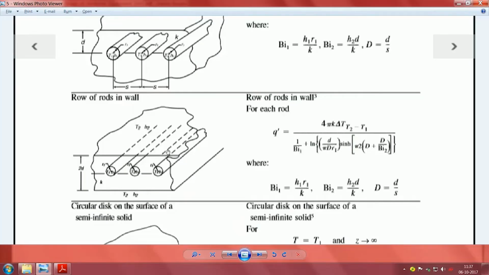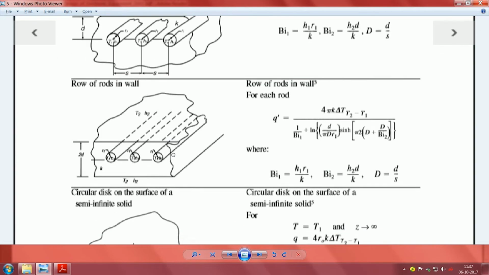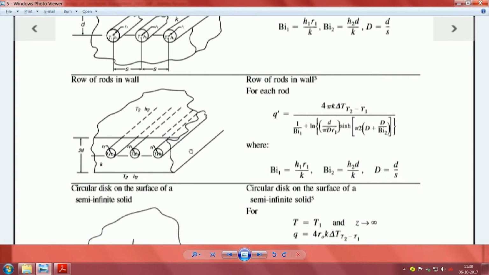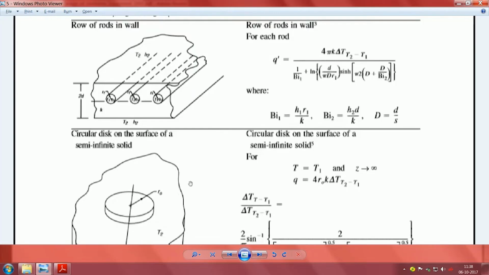For convenience sake, I am taking it as a little like a rod, it is not a rod, it is actually a tube in which fluid is passing, and only in the case of the side walls, even there also it is a tube, but the outside surface of a tube can be treated as a rod. In those cases, these can be used effectively. So, we have a circular disc on the surface of a semi-infinite solid.